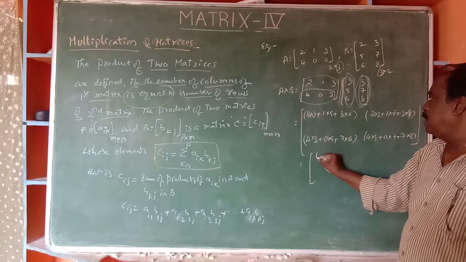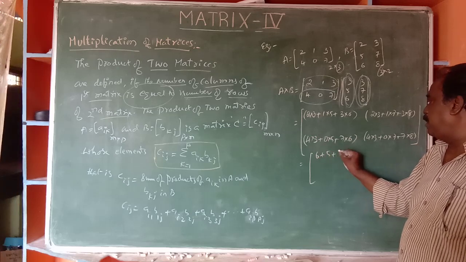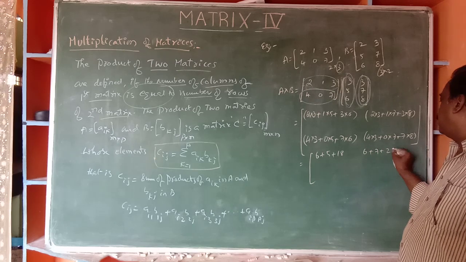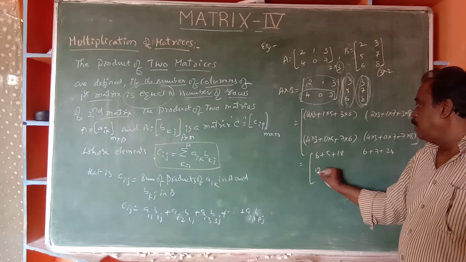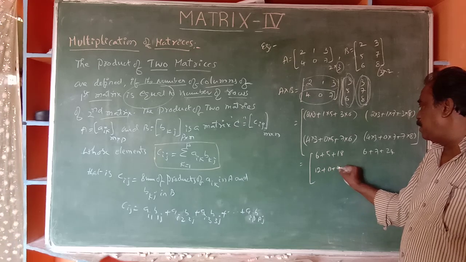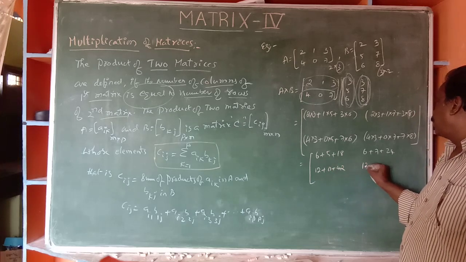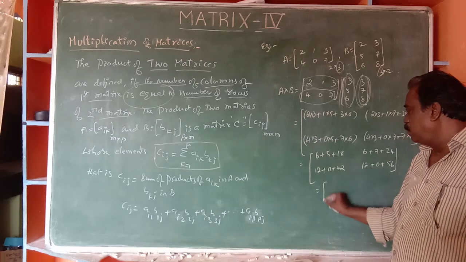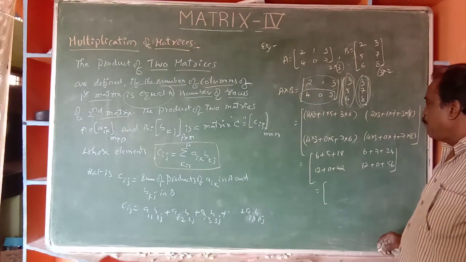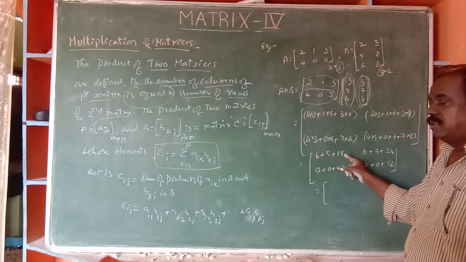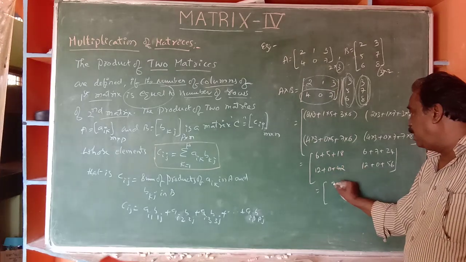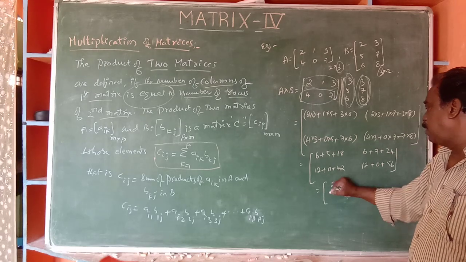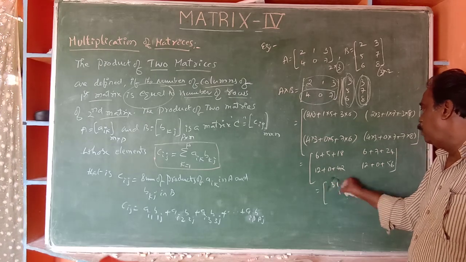Now it is 6 plus 5 plus 18, 6 plus 7 plus 24, 12 plus 0 plus 42, 12 plus 0 plus 56. Okay now? This is 11, 19, 21, 31.